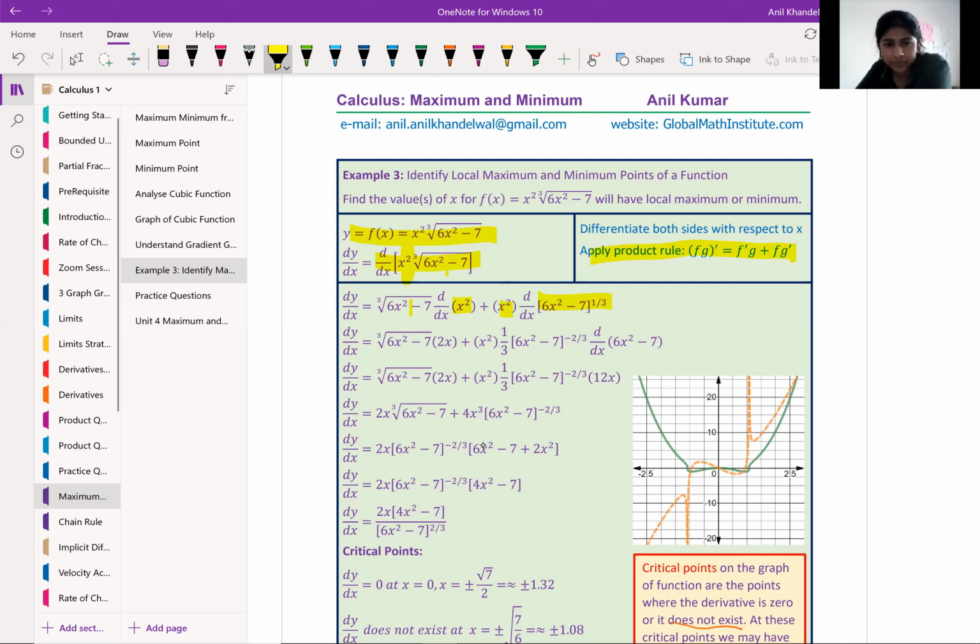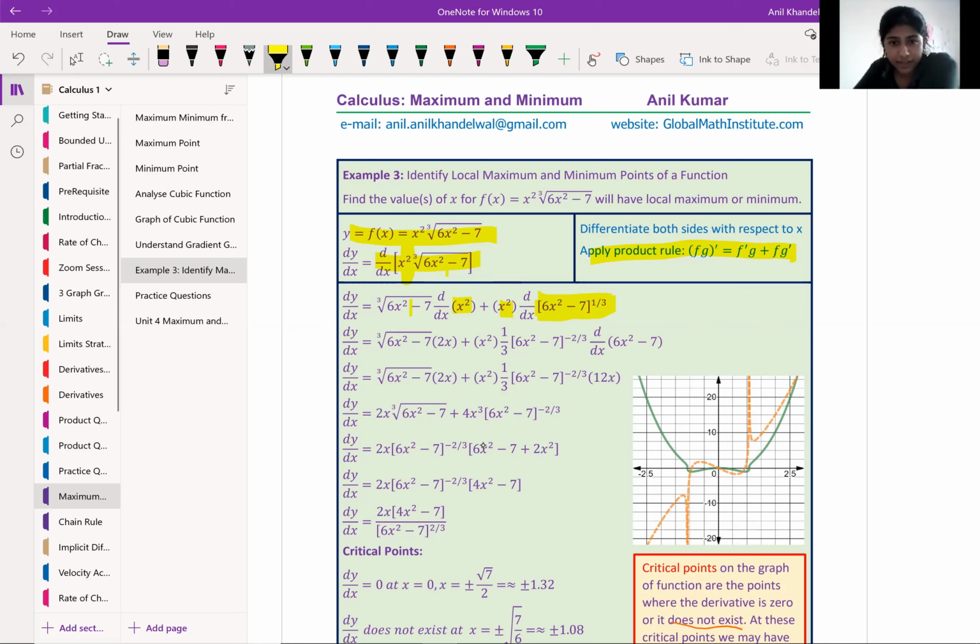Amy, could you go through these steps and explain how the derivative of this function has been found? Right. So to start off with, I would write the cube root of 6x squared minus 7 in exponential form, as you've done. So we got 6x squared minus 7 to the power of a third.